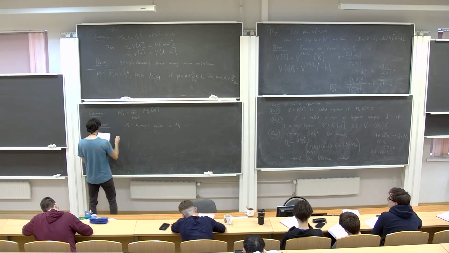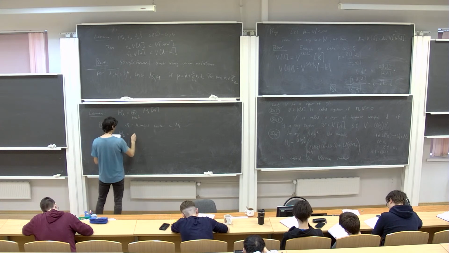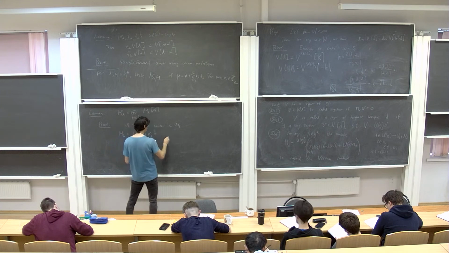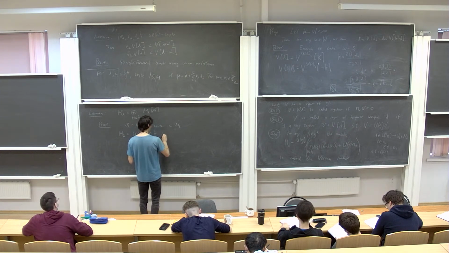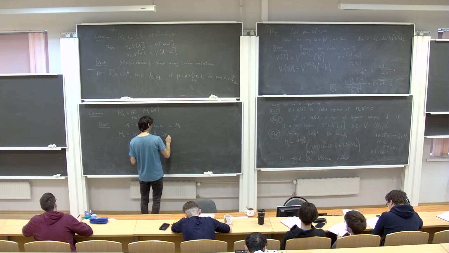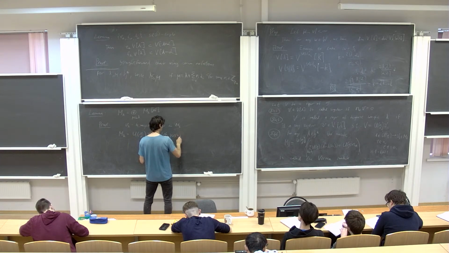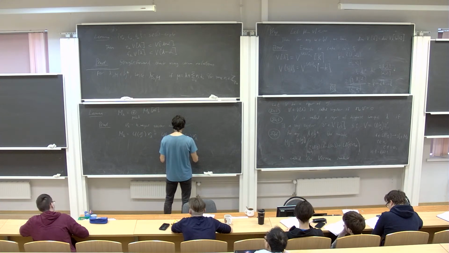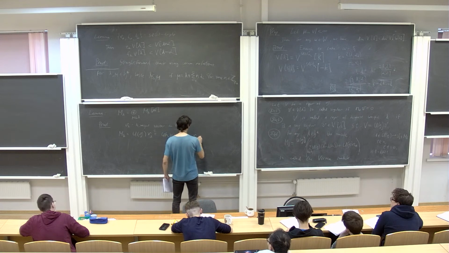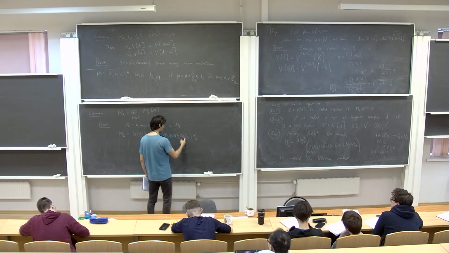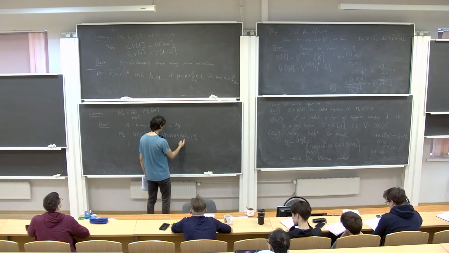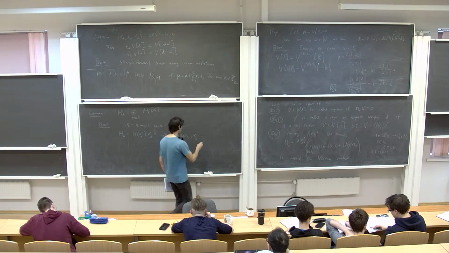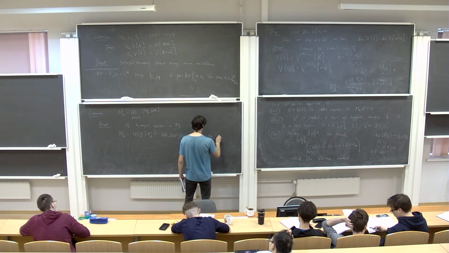Then M lambda is generated by U of G from V lambda, but U of G by PBW is U of n minus, U of H, U of n plus applied to V lambda. And this is only non-zero if you choose 1 in the n plus part. Applying any H doesn't move you from V lambda. So it's U of n minus applied to V lambda.